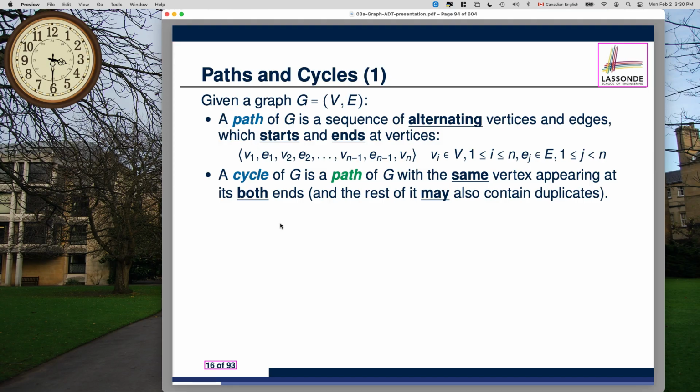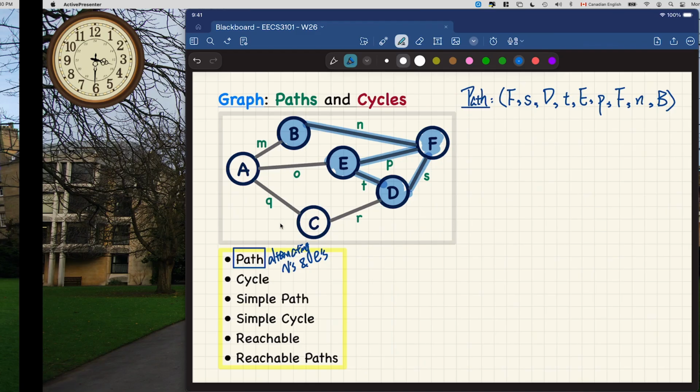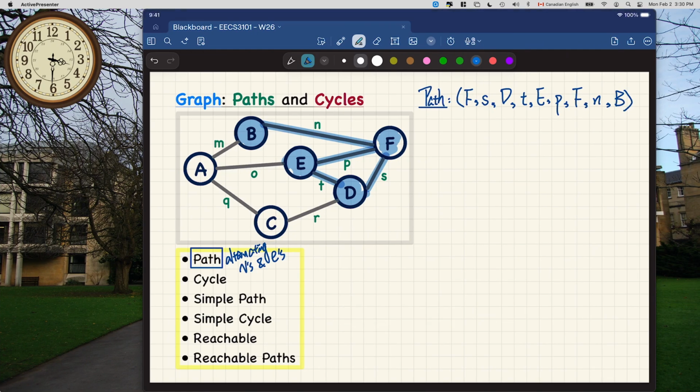Let's go back here and take this path, for example. First of all, you can see that the F over here is repeating itself. This kind of subpath is called a cycle. So think about just this part over here as a cycle.